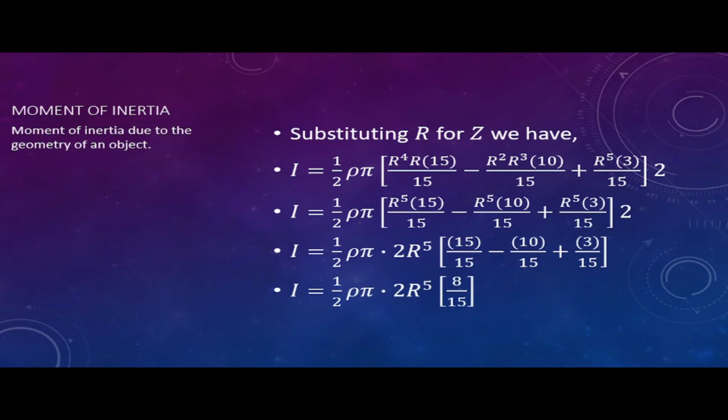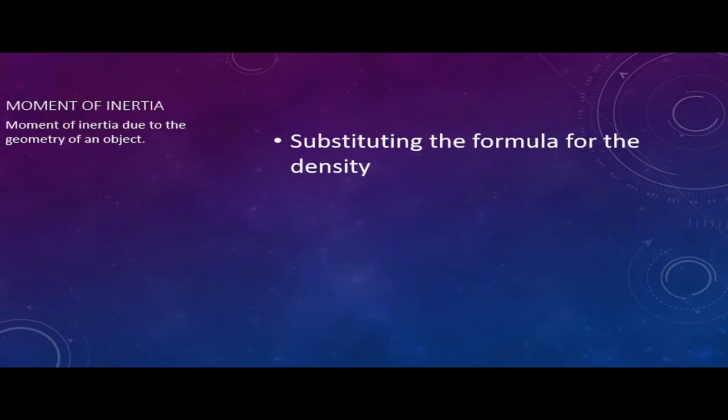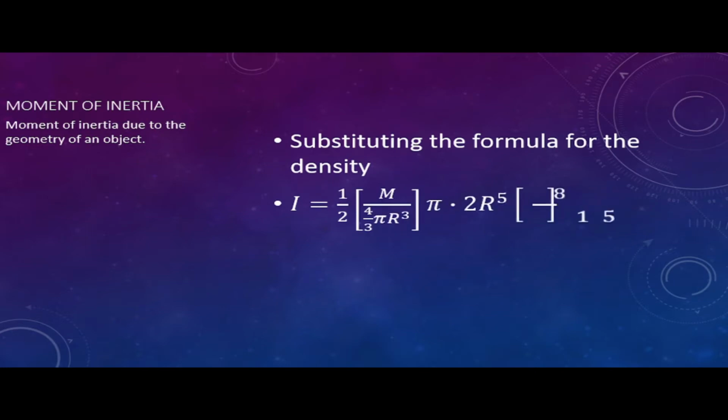And we can simplify this using the formula for volume. Substituting the formula for density, since we do not want to use the density calculations of the earth because there is an anomaly because of the mass distribution, as I've told you. So we do this, and m over 4/3 pi r cubed is the volume of the earth.